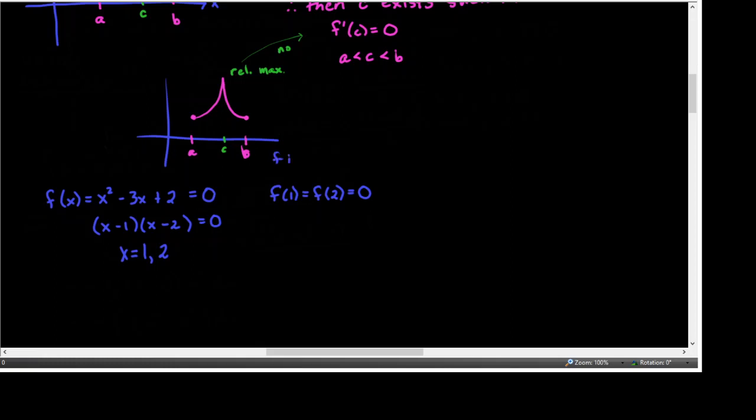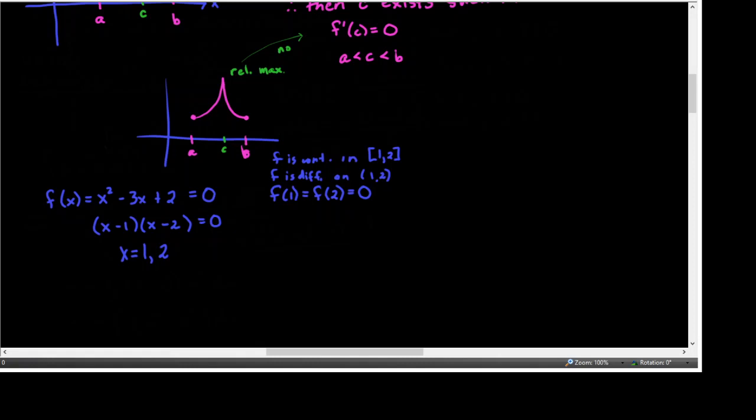F is continuous on the subinterval of all reals 1 to 2. F is differentiable on the open interval from 1 to 2, a subset of all real numbers, and f of 1 equals f of 2. So we have the conditions.